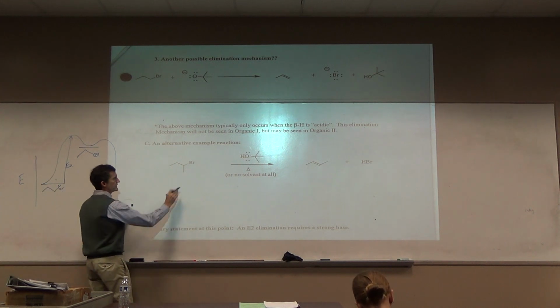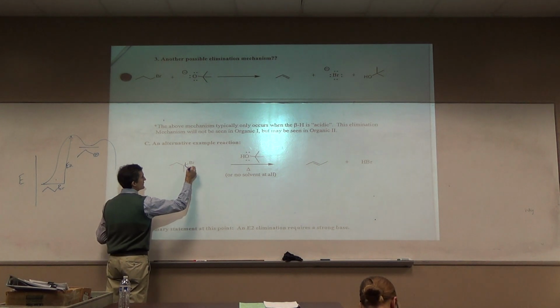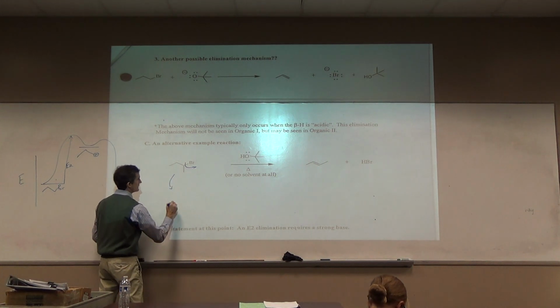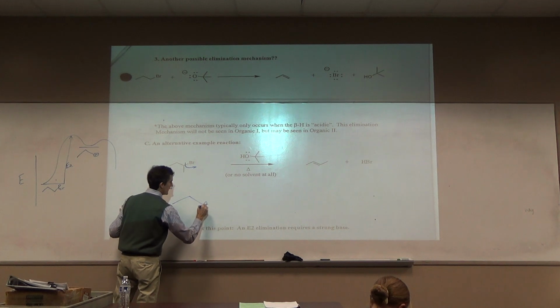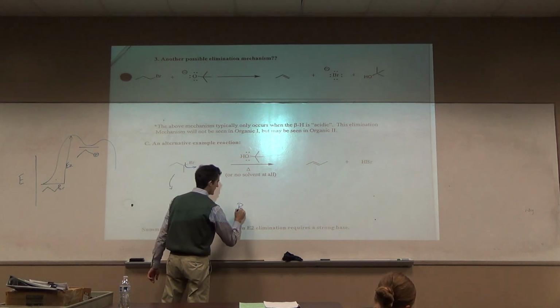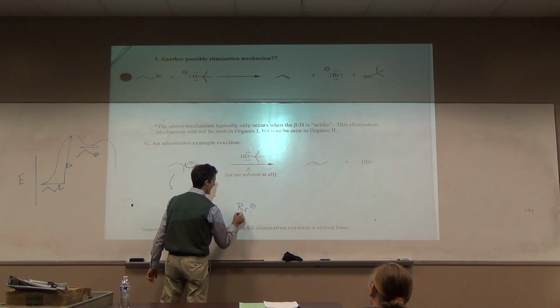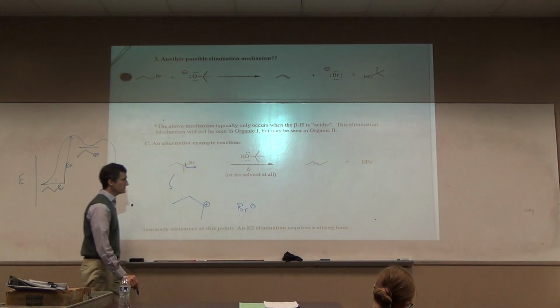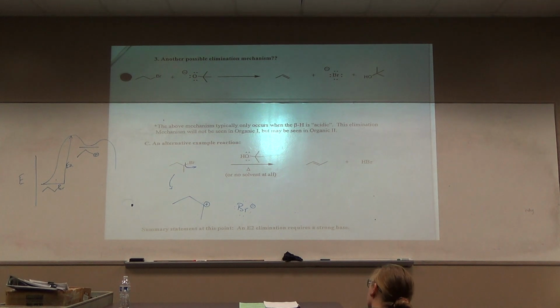What's the mechanism? First step? Leaving group leaves, and we get a carbocation plus Br minus. What could take the beta hydrogen to put in the pi bond?